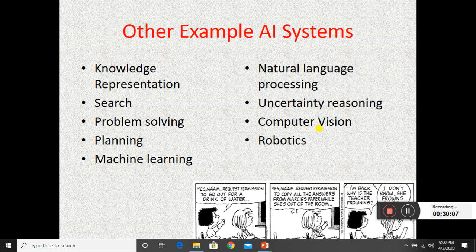And robotics: all the robots of artificial intelligence come under robotics. A robot is a programmable machine that works automatically. This is known as robotics, and it is one of the basic fields of artificial intelligence.